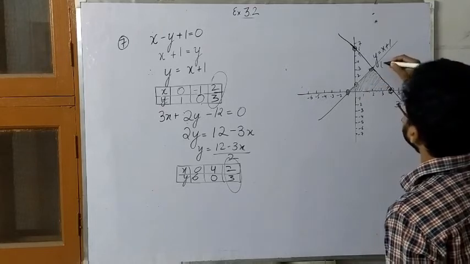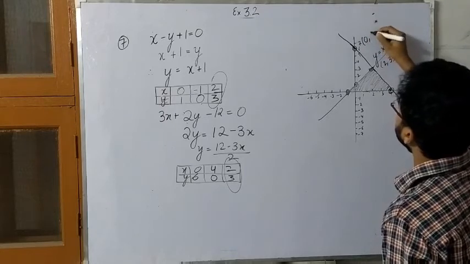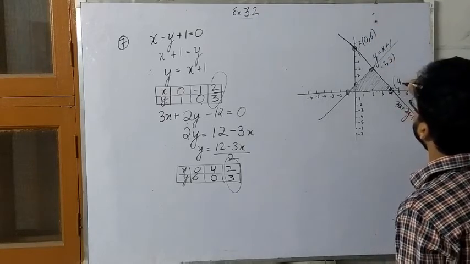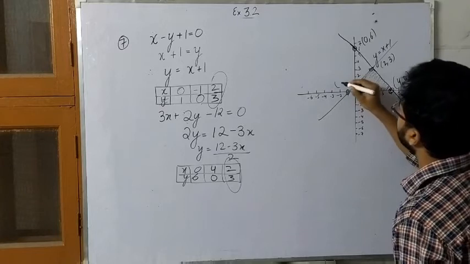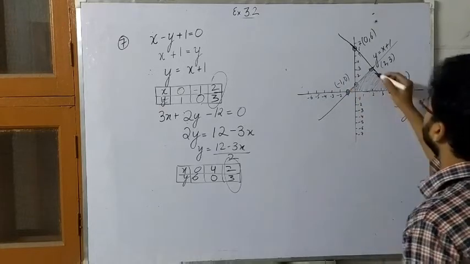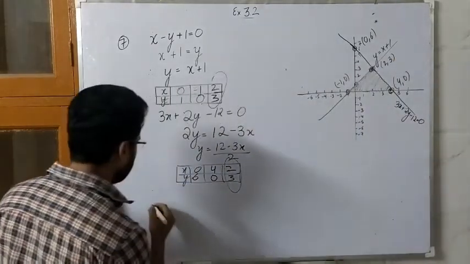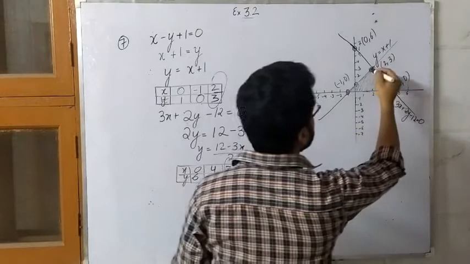Now what is this point? 2, 3, and this point is 0, 6. This point is 4, 0, and this point was minus 1, 0, right? Now the question has asked about this, so what you will say? You will name this region.